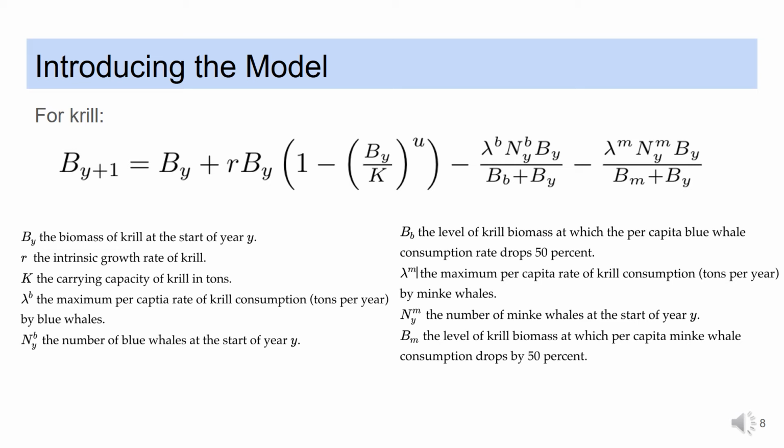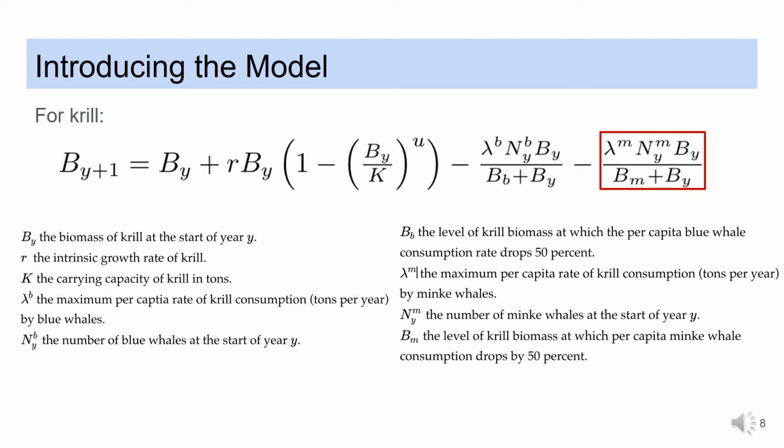Lambda m is the maximum per capita rate of krill consumption of minke whales, also in the units tons per year. N sub ym is the number of minke whales at the start of year y. B sub m is the level of krill biomass at which the per capita minke whale consumption drops by 50%.